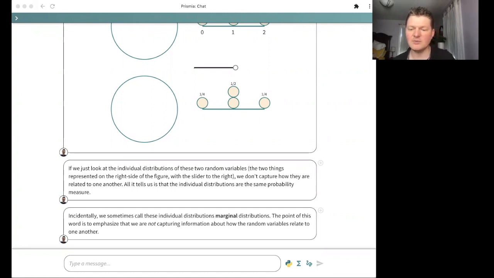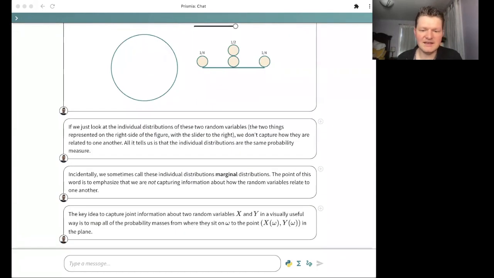In that case, we call these marginal distributions. A marginal distribution is just the distribution of one random variable in a situation where there are other random variables that you might want to consider that random variable's relationship to. It's sort of a weird term, where marginal distribution means exactly the same as distribution, but you use it in a particular context to draw a distinction with another kind of distribution you might otherwise be looking at.